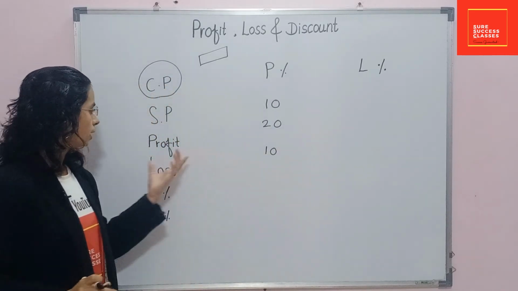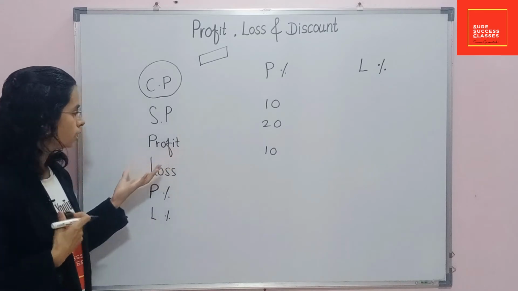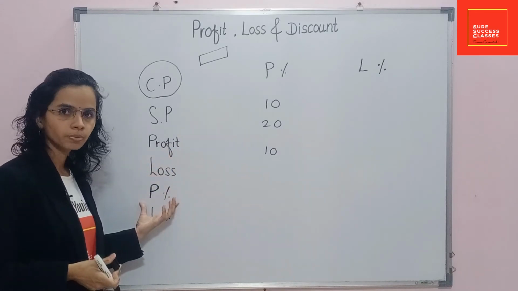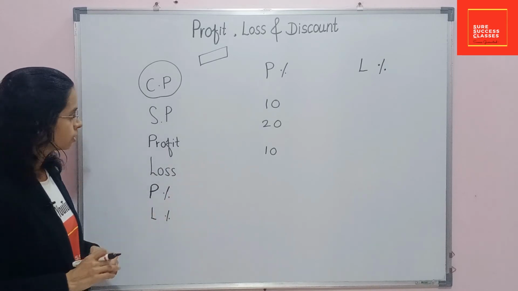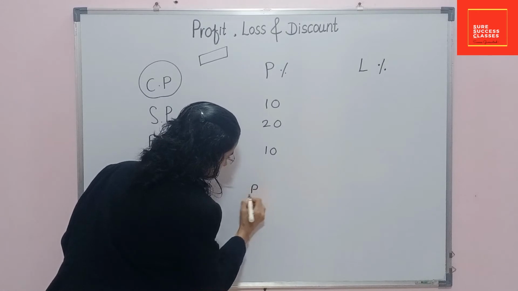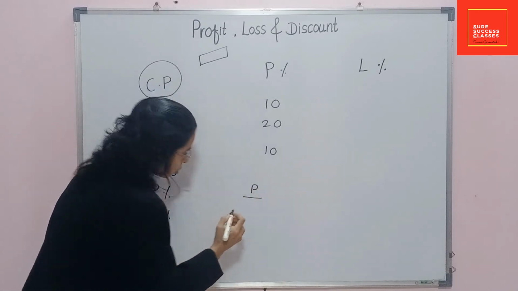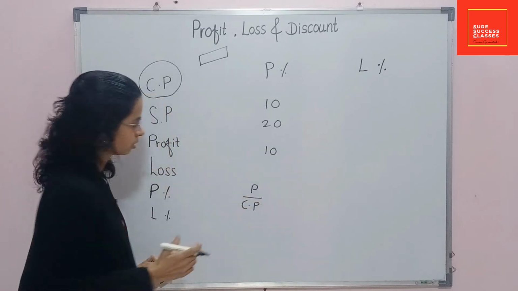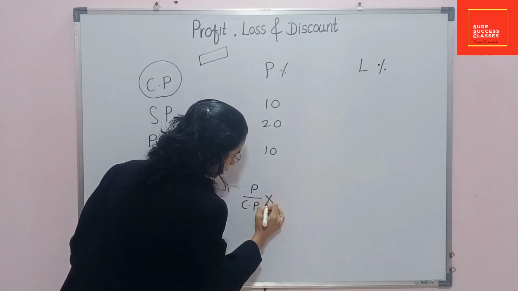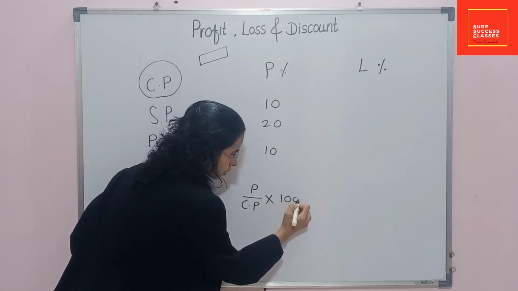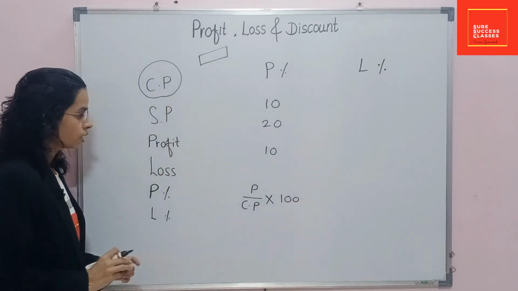This is nothing but my profit, and if I want to calculate this profit in terms of percentage, at that time the formula will be profit divided by cost price. It is always calculated on cost price, and here we will multiply this by 100.